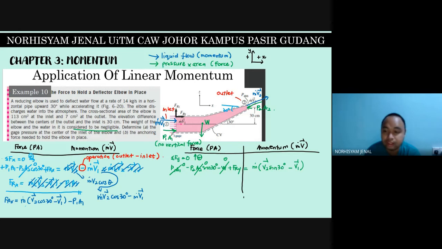No, only horizontal. So V1 should equal 0. So the equation for this will be FRY equals m dot V2 sine 30 degree.